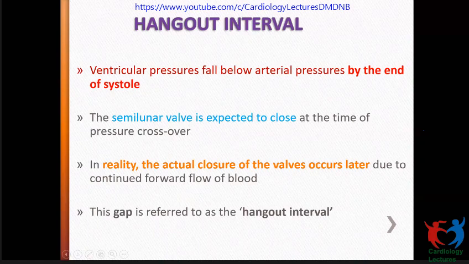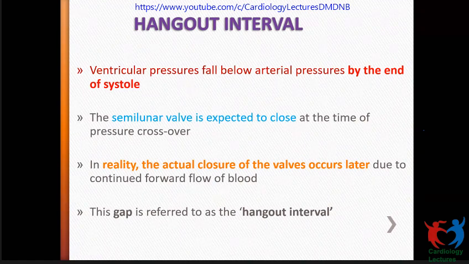So even after the pressure crosses over, by this time the pressure between both the chambers is the same, but the flow is in one direction. It doesn't come back to LV or RV, but it goes forward. This gap between the pressure crossover and closure of the semilunar valve is called hangout interval.